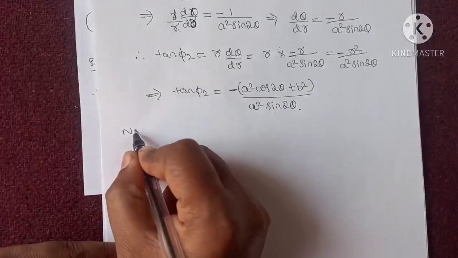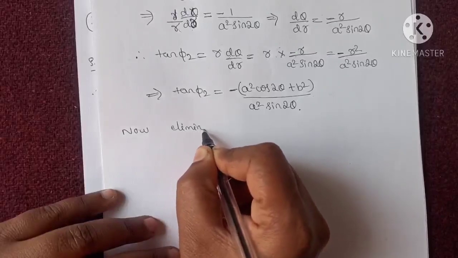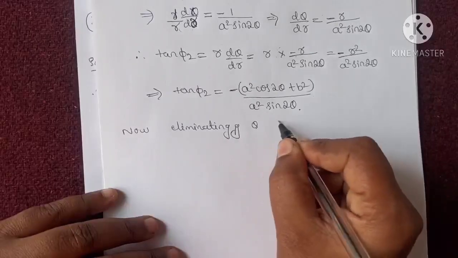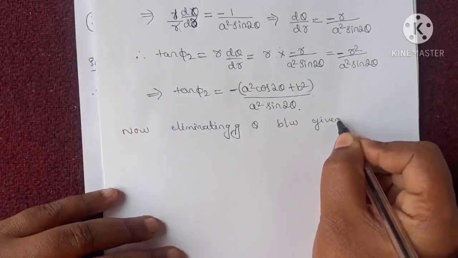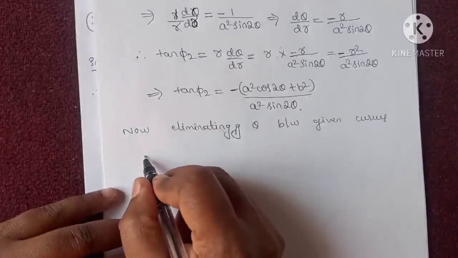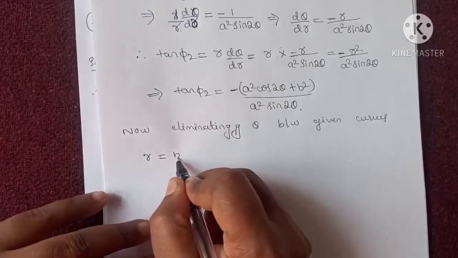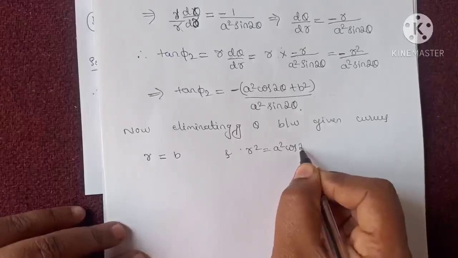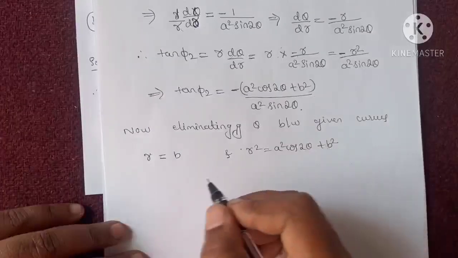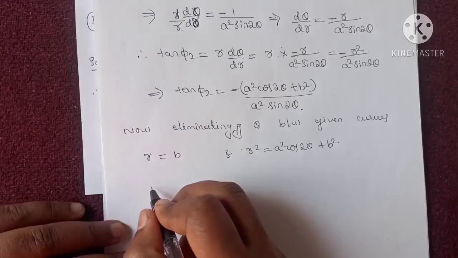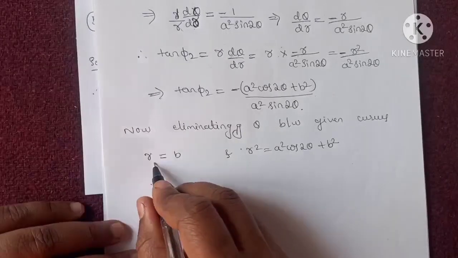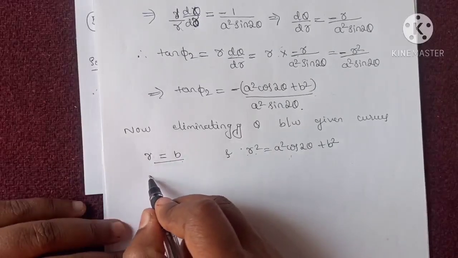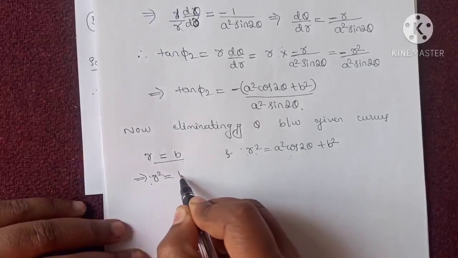Now eliminating theta between the given curves, that is, we have given curves r equals b and r square equals a square cos 2 theta plus b square. So substituting r equals b in this one, or squaring the first curve, we get r square equals b square.